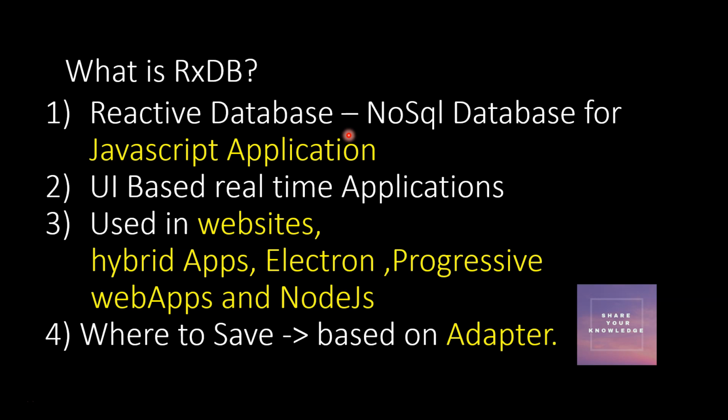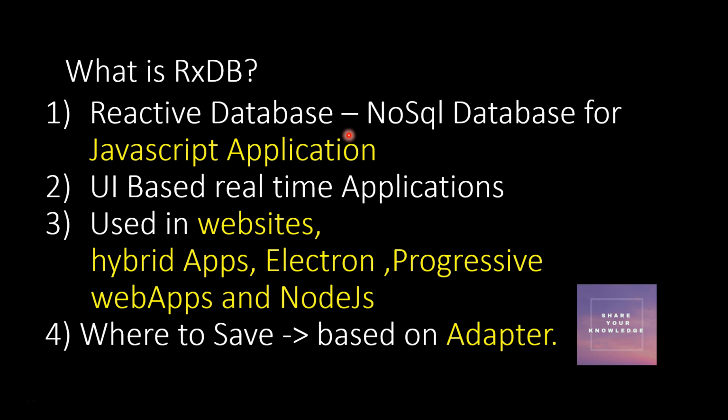To receive the event, you have to subscribe. It follows an observable model. If you are familiar with RxJS, that's what it does. So whenever you want the data for a query, it is basically reactive to queries. RxDB provides you an observable, and we will see in detail as we proceed.